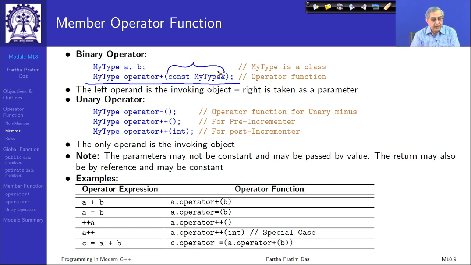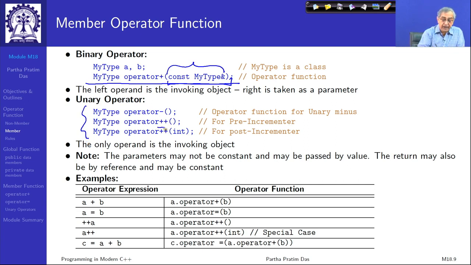Because being a member function of the class, it is always invoked on an object, and when it is invoked on an object, that object is by default the left operand and the other, right operand needs to be passed. So, you see only one operand, but actually there will be two inside. Similarly, for a unary operator, you will not have any operand because it is invoked on the object. So, that object itself is the operand.